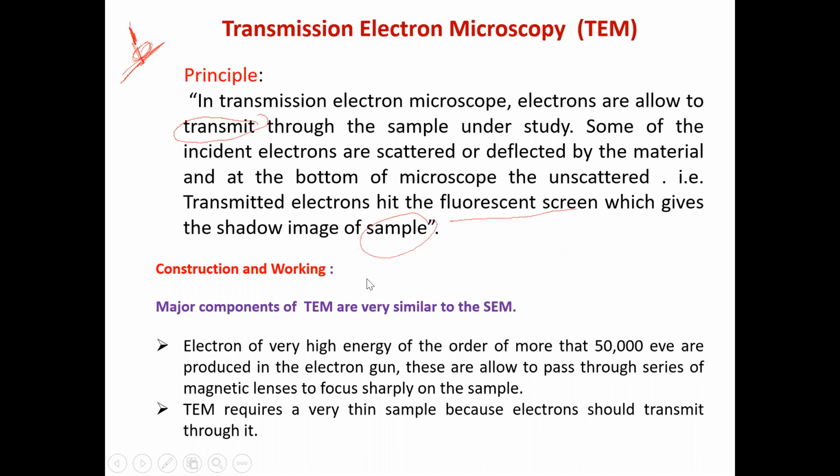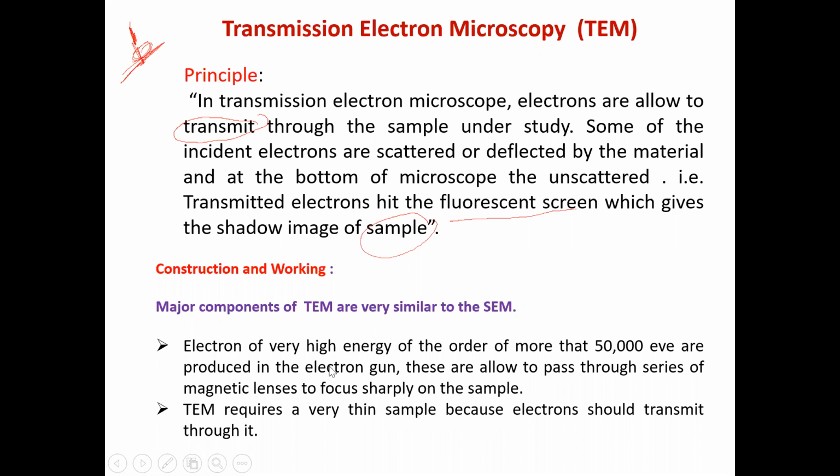Let us see some basic details. The electrons of very high energy, of the order of more than 50,000 electron volts, are produced. Electrons are produced in the electron gun. These are allowed to pass through a series of magnetic lenses to focus sharply on the sample.